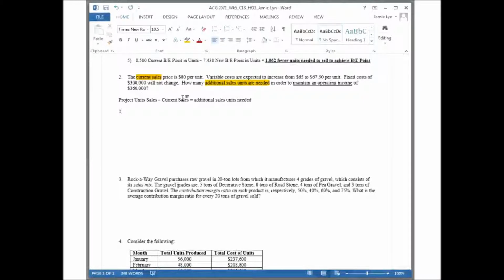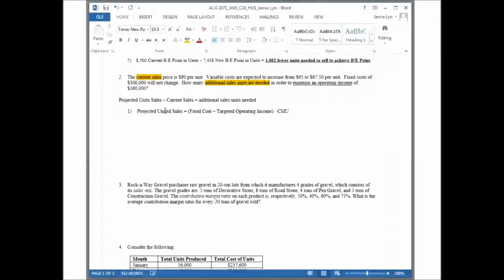So the first step is we're going to calculate the projected unit sales. And your formula for that is going to be fixed cost plus targeted operating income divided by your contribution margin unit.